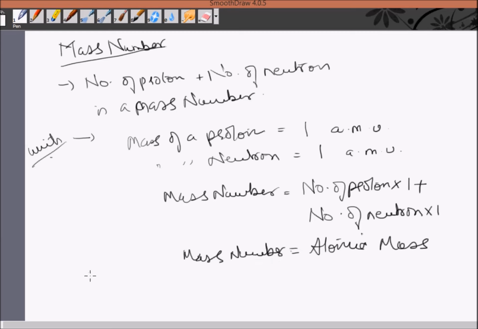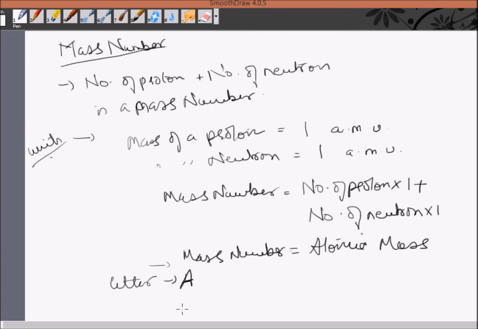It is quite difficult to understand, but in the simplest form, the mass number of an atom gives us the atomic mass of the atom. The mass number is usually denoted by the capital letter A.